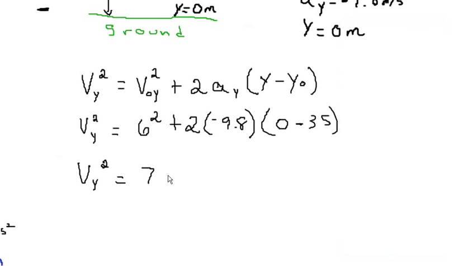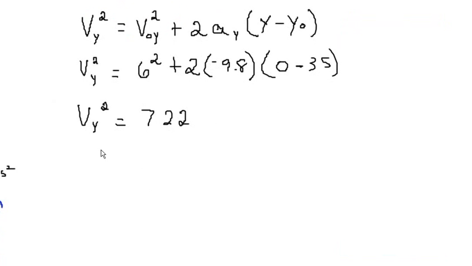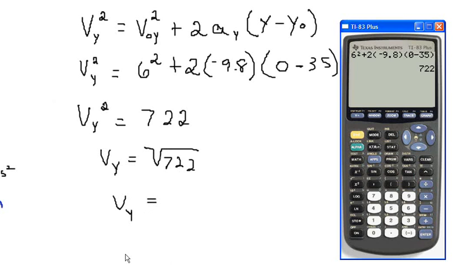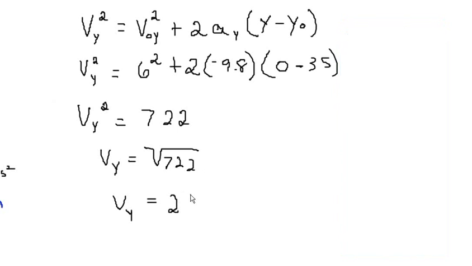So here I'm going to write 722, and to solve for the velocity in the y direction, you have to take the square root of 722. So the velocity in the y direction is equal to the square root of 722, that is 26.8. So I'll just round to 26.9 meters per second.